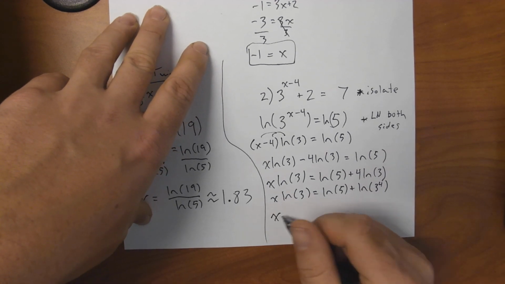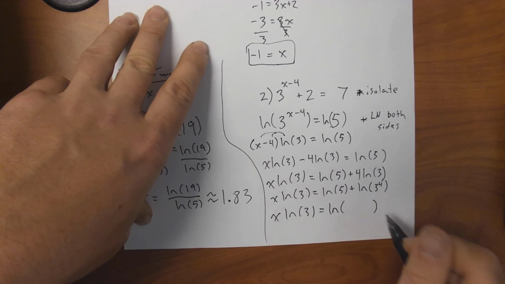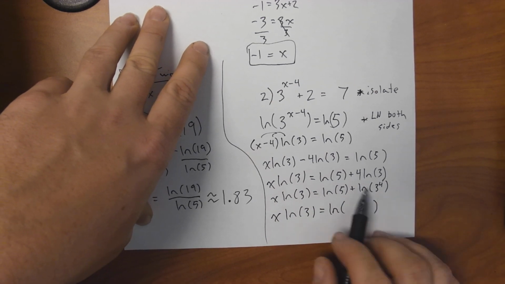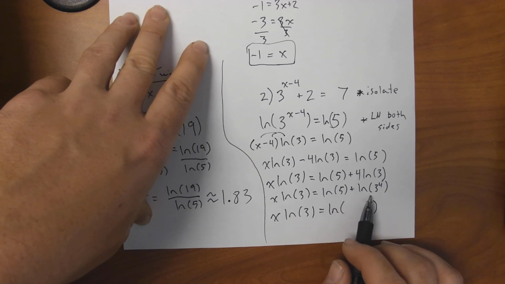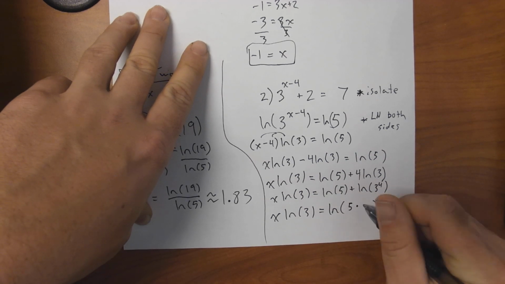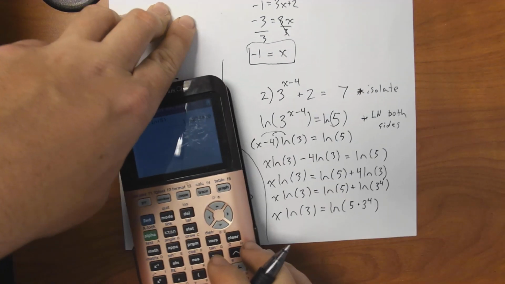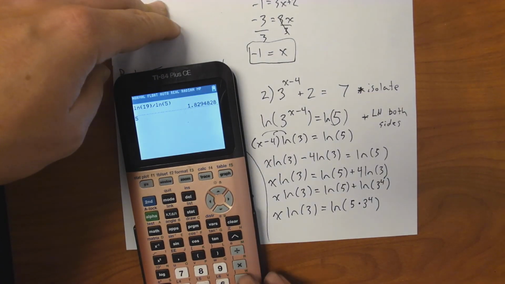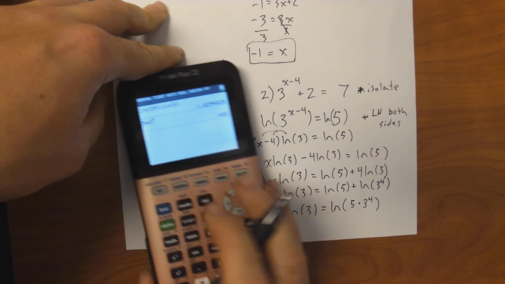And recall that when I add logarithms, that translates into a multiplicative property. So ln of 5 plus ln of 3 to the 4th can be combined to ln of 5 times 3 to the 4th. So let me see what 5 times 3 to the 4th equals, which is 405.